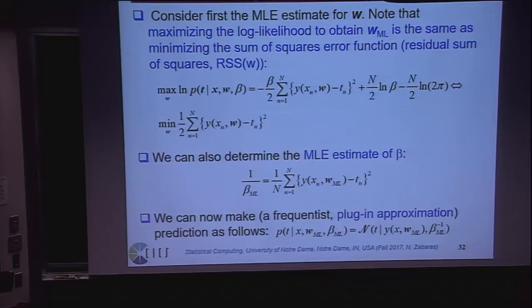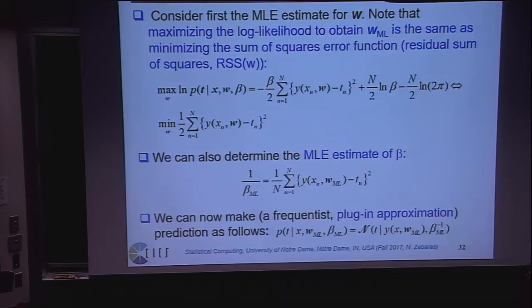Now, in addition to minimizing this function, you can compute an MLE estimate of the noise beta. I told you we will assume it to be known, but if you already have your data sets and you want to fit some reasonable value on beta, there is a point estimate if you take the derivative with respect to beta and set it equal to 0. Now, if you are non-Bayesian, it's good that I noticed this, because I forgot to mention this before. If you don't really want to be Bayesian, here is a way.